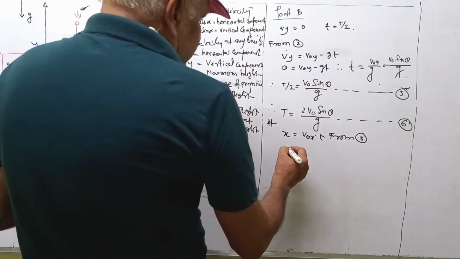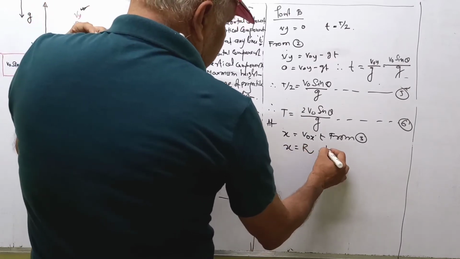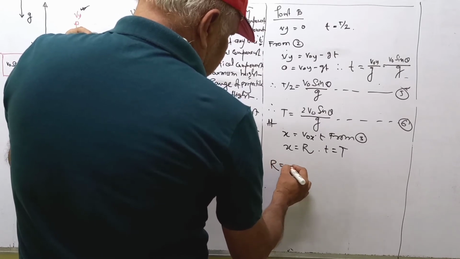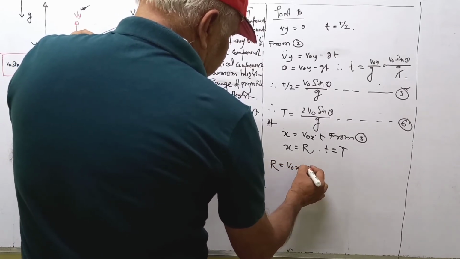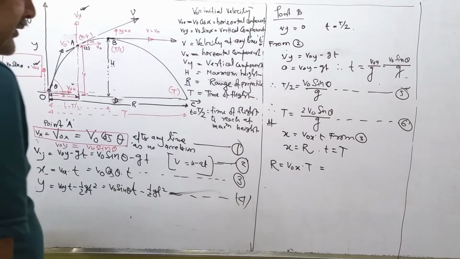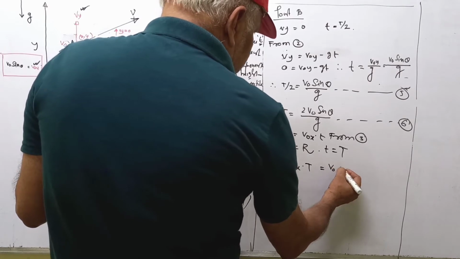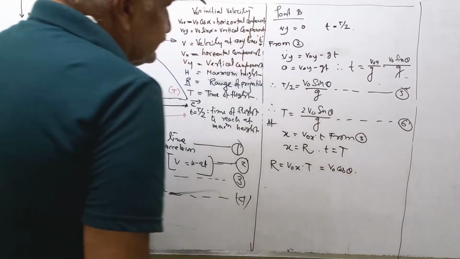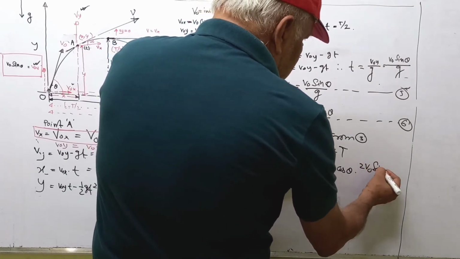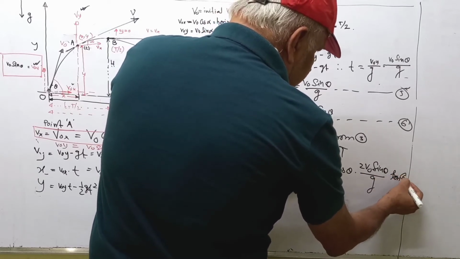Now when x equal to r, t equal to capital T. That means r equal to v0x into capital T. And v0x equal to v0 cos theta and t equal to twice v0 sin theta by g from 6.